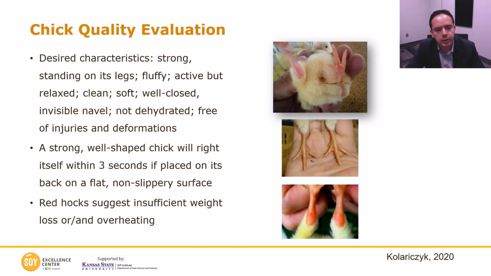So when you do the chick quality evaluation, the desired characteristics will be chicks that are strong, standing on their legs, fluffy, active but not relaxed, clean, soft, etc. And a strong, well-shaped chick will right itself within 3 seconds if placed on its back on a flat, non-slippery surface.